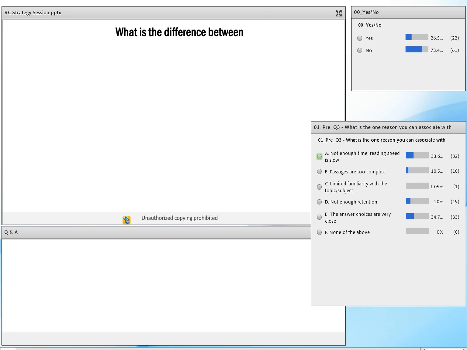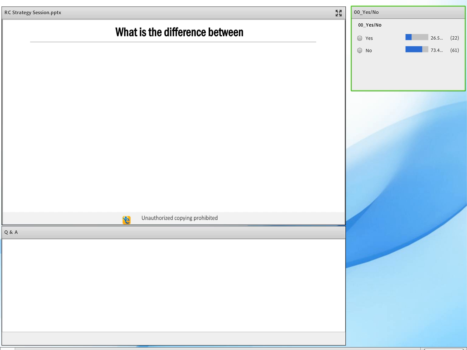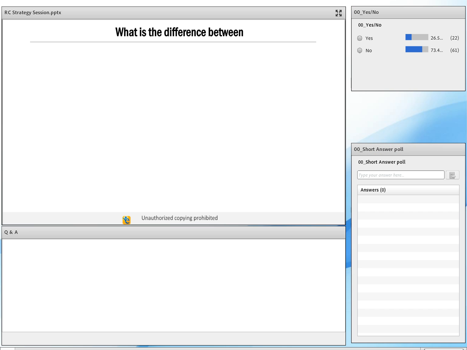So let me ask you this. Based on what you just told me, that reading speed is slow, and you feel that there is just a whole lot of information that you need to read through in order to even start answering RC passages, tell me, what is the difference between an active reader and a passive reader?